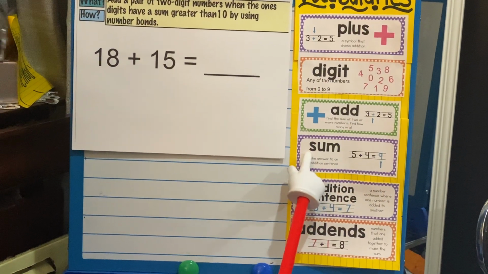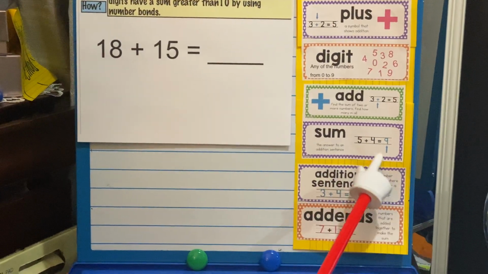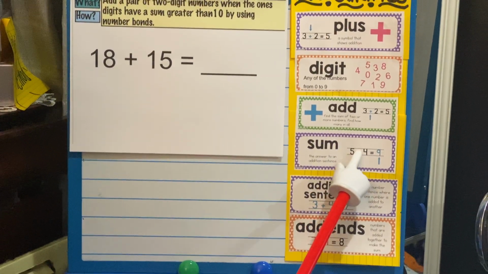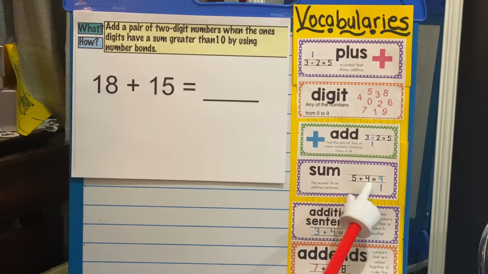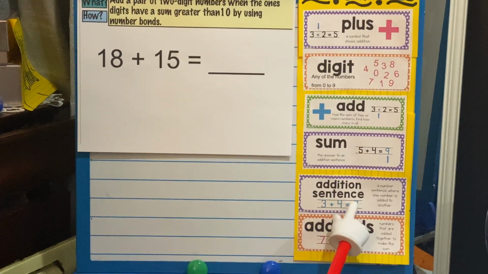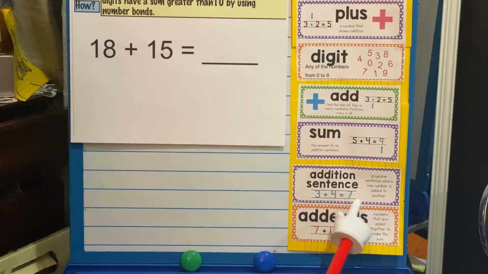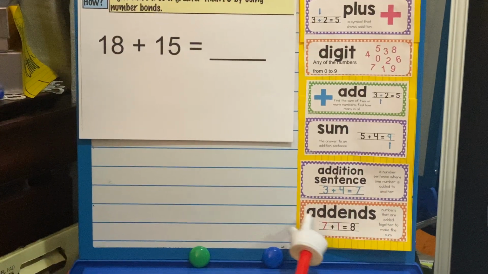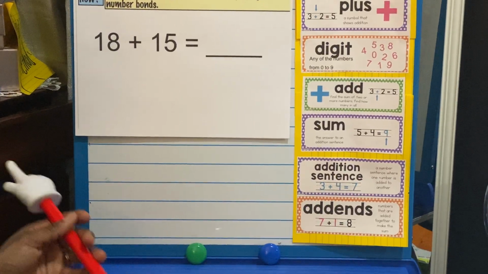We have the word sum, which is the answer to an addition sentence. For example, 5 plus 4 equals 9. So 9 is the sum of 5 plus 4. We have the word addition sentence, which is a number sentence where one number is added to another. And then we have the word addends, which are the numbers being added.